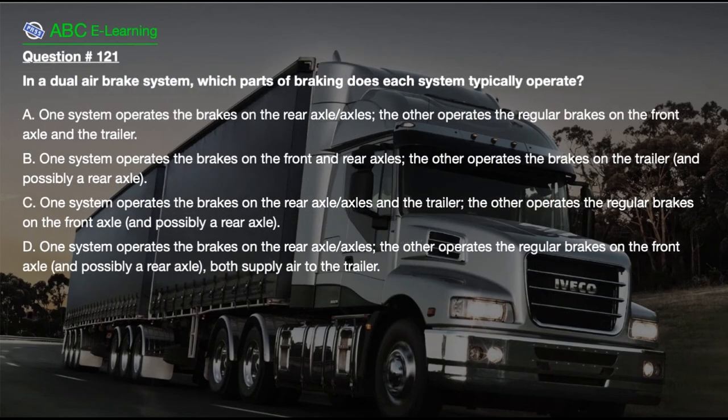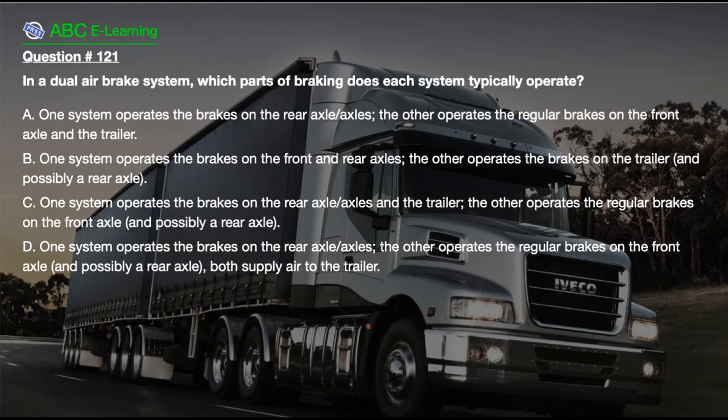Question number 121. In a dual air brake system, which parts of braking does each system typically operate? A. One system operates the brakes on the rear axles. The other operates the regular brakes on the front axle and the trailer. B. One system operates the brakes on the front and rear axles. The other operates the brakes on the trailer, and possibly a rear axle.